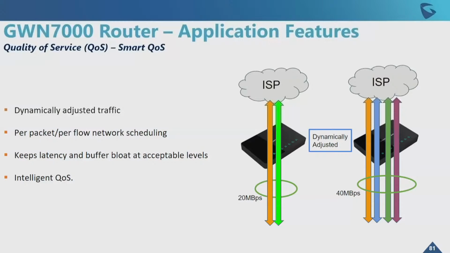So with DDNS, it basically allows your network to use domain names instead of IP addresses, and there's a dynamic DNS client built into the GWN7000 that will update your IP address to DNS service providers from around the world, such as dynamicdns.org, NoIP, FreeDNS, etc. Right now, Grandstream does not have its own DDNS service. May or may not be available in the future, but you can use any of the free DDNS providers available out there.